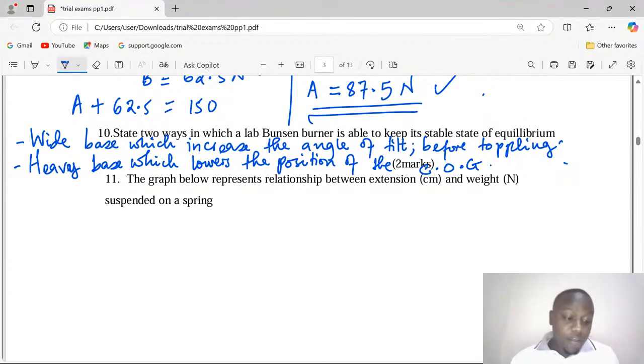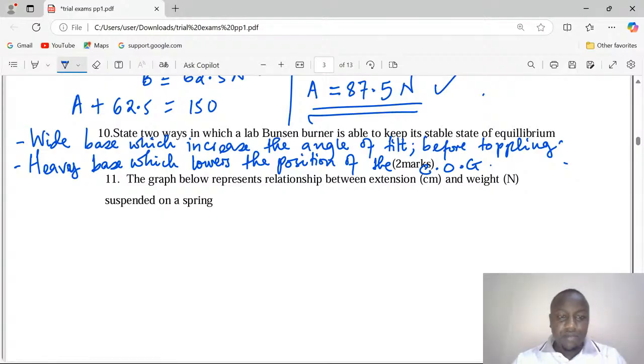And you know, the lower the position of the center of gravity, the more stable an object is going to be. So those are the two factors which ensure that a Bunsen burner is really stable.